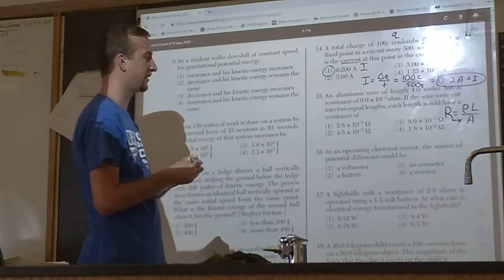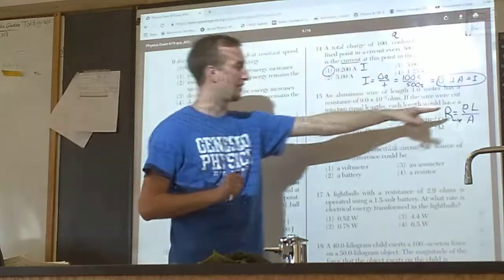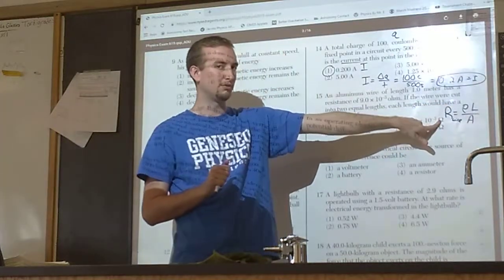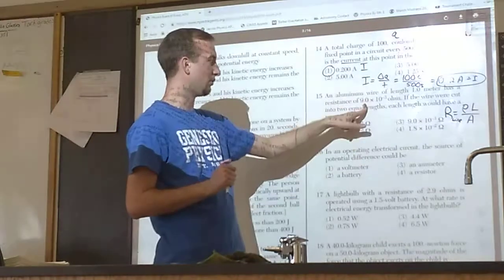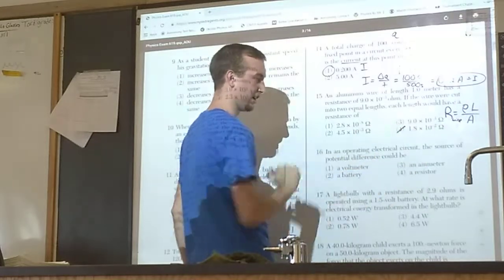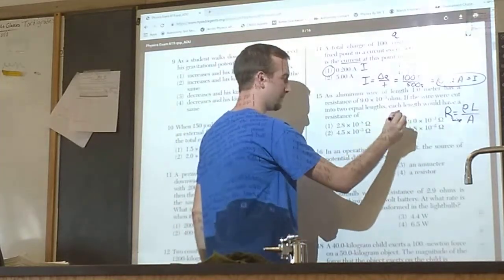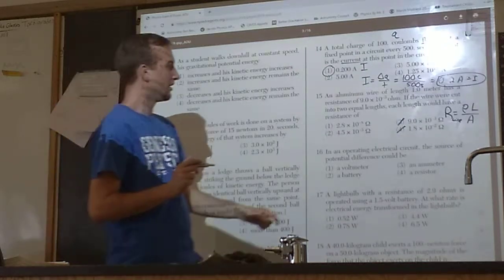So the first thing I need to figure out is, if I'm reducing L, that should reduce the resistance of the wire. Are any of these bigger than the original resistance? Be careful with the scientific notation. This one is bigger than the original resistance. This is the same as the original resistance. Can't be either of those two.